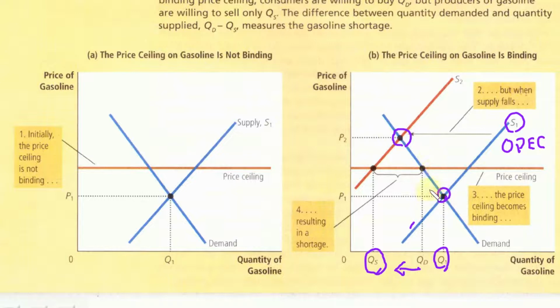But if this price ceiling is not existent, the price will be raised up to P2, right? But as the government limits the price increase like this, as a parallel line, then the price will move up to here, right here.